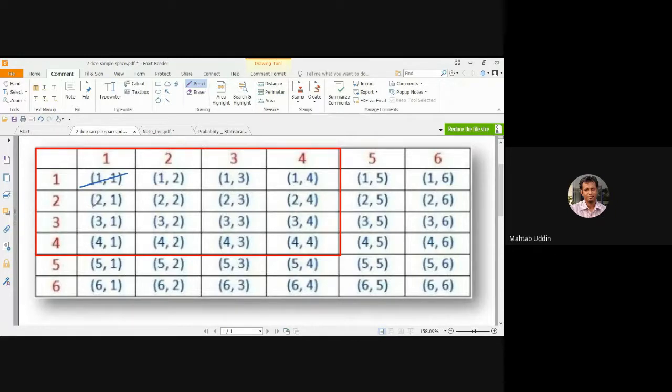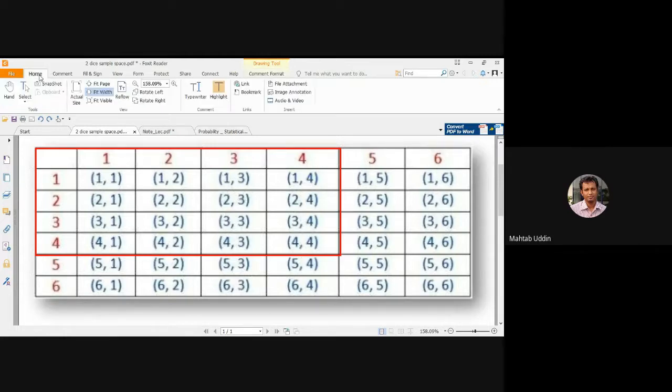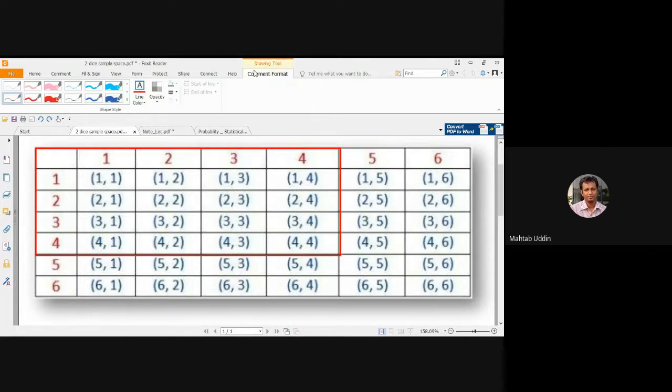Now 2 will be maximum if there is 1 and 2. If 1 and 2, then 2 is maximum. Otherwise 2 cannot be maximum. So 1 is maximum only if there is 1, and 2 is maximum for these 3 outcomes.